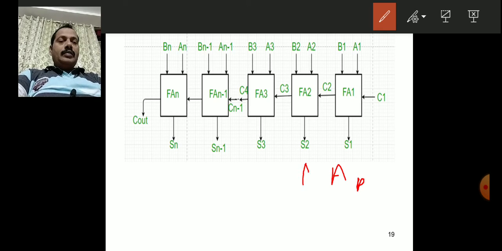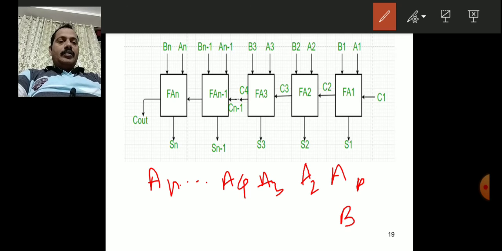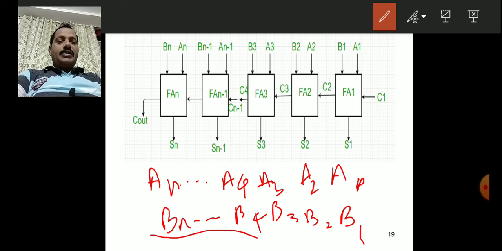That means like this: A1, A2, A3, A4 and so on, An. Similarly, B1, B2, B3, B4 and so on, Bn. So these are the numbers we want to add. This is the structure to add these two numbers.